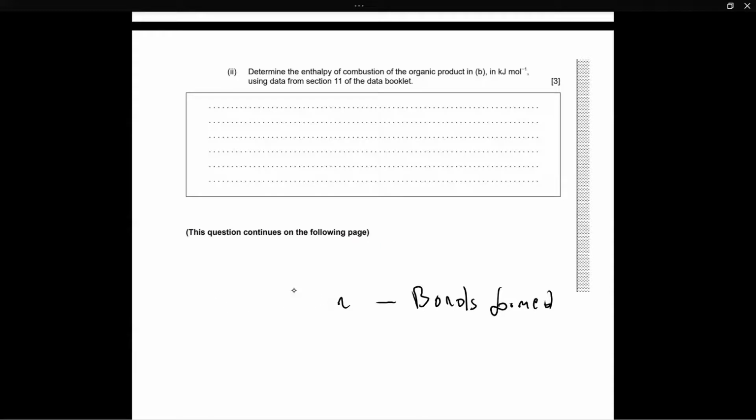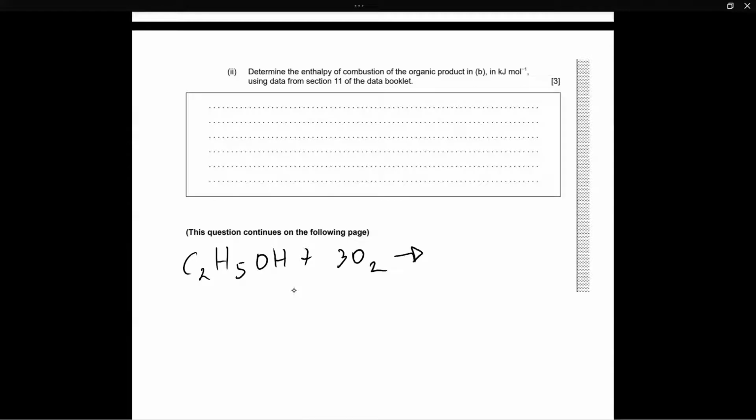Essentially, we have to calculate the bonds broken on the reactant side, which is with the ethanol, and we have to calculate the bonds formed on the product side, which is carbon dioxide and water.